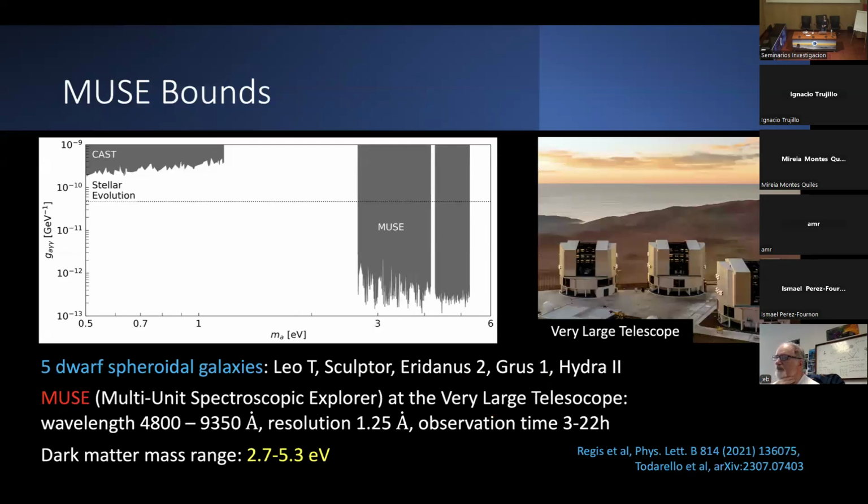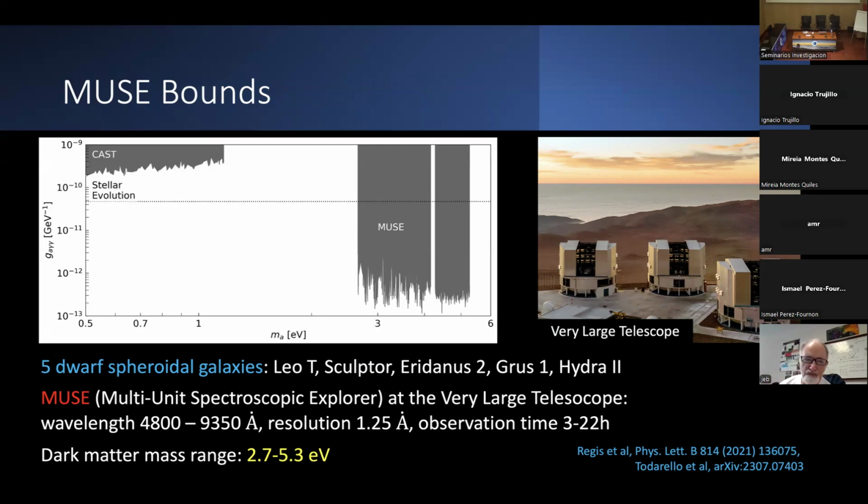Then you have MUSE, the Multi Unit Spectroscopic Explorer. This is at the VLT, with a wavelength range of 1400 to 9350 Angstrom and a resolution of 1.25 Angstrom. They look at 5 dwarf galaxies. In the first paper, they were just looking at Leo T, and then they expanded to Sculptor, Reticulum 2, Grus 1, and Hydra 2.